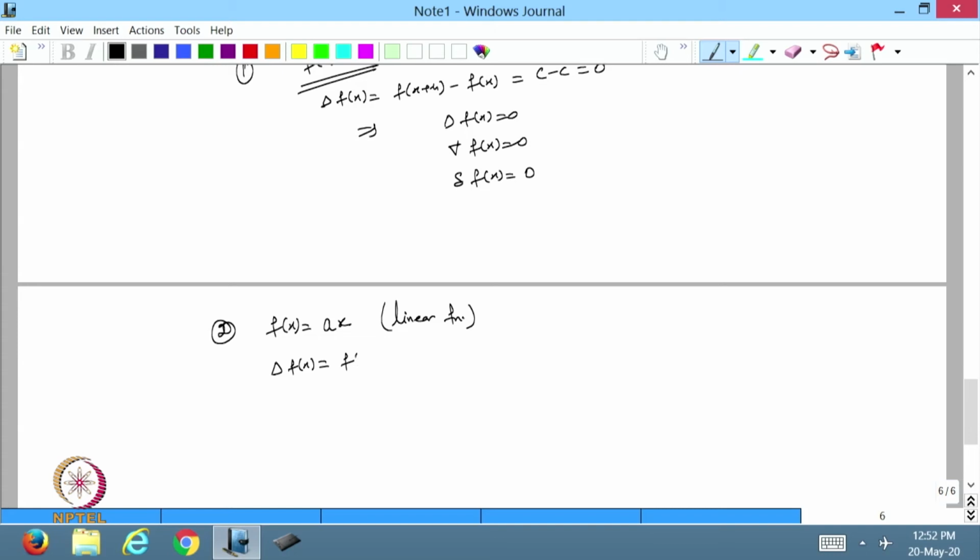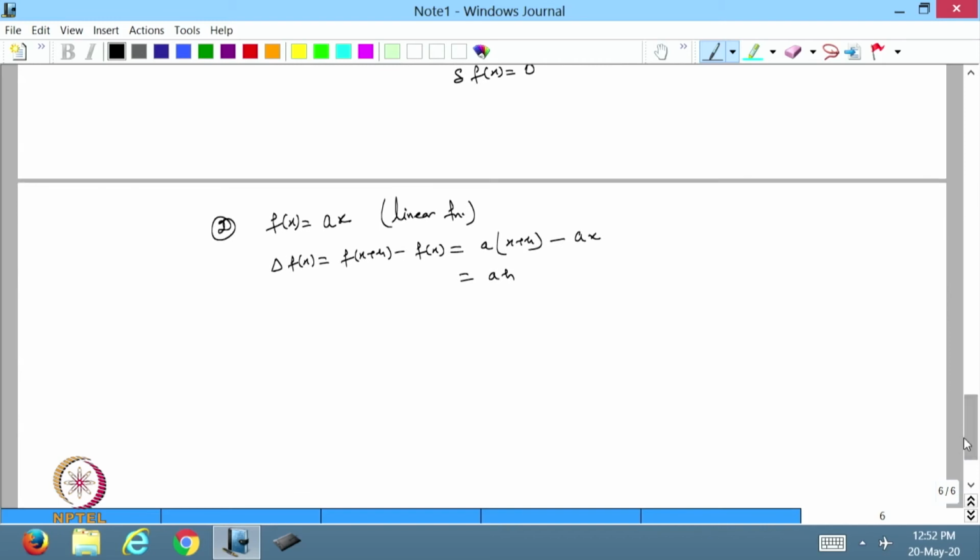So, it will be f(x+h) minus f(x), and that will be a(x+h) minus ax, and that gives me ah. So, it is a constant value, because h is constant and a is constant. So, if I apply the forward operator once on this, I will get ah.